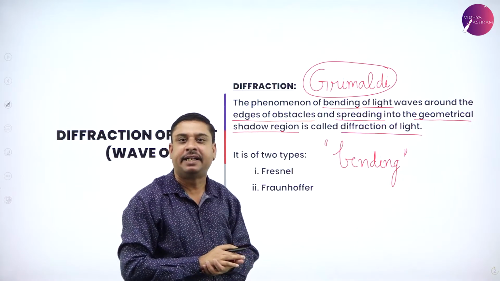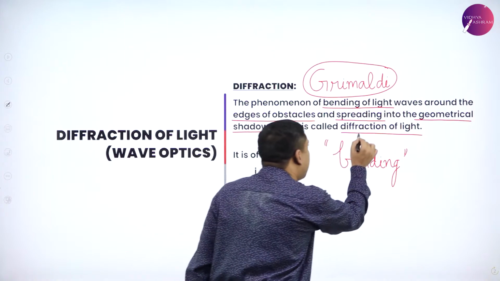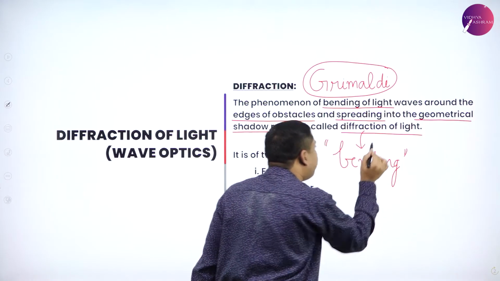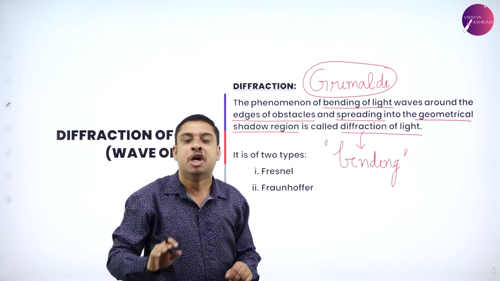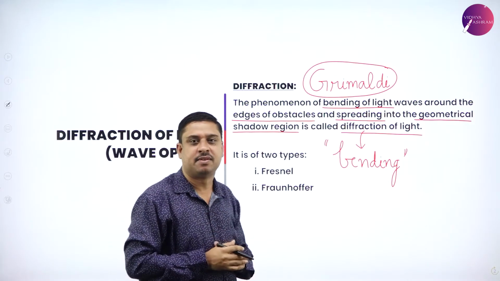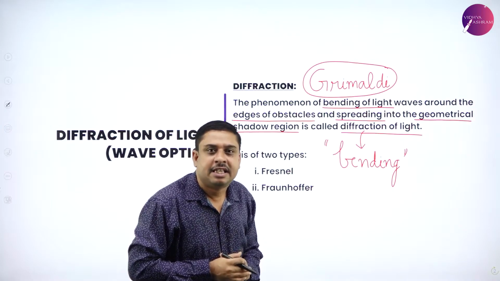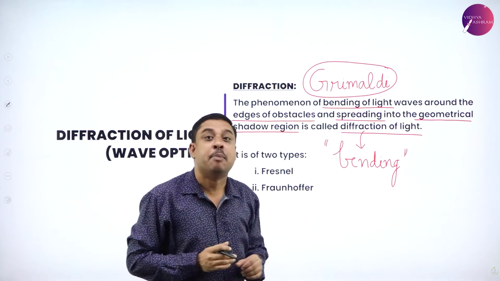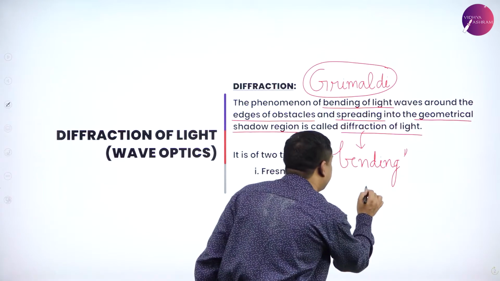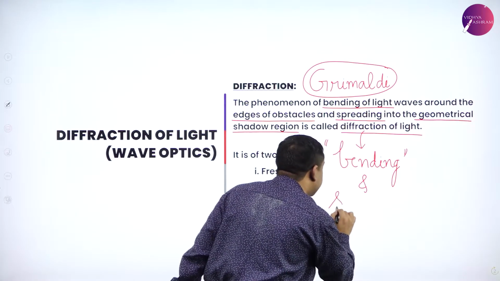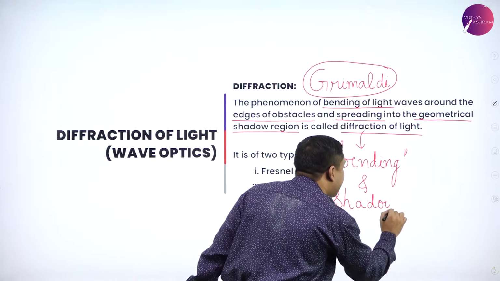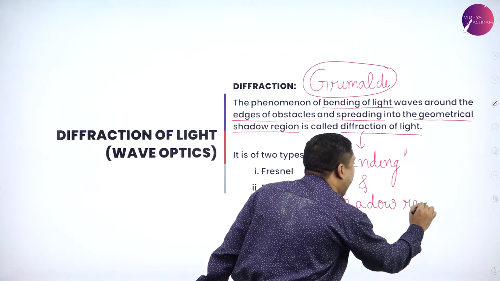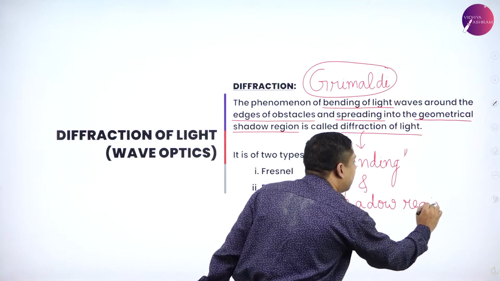of light. So, the very word diffraction can be explained using two terms. The first term is bending of light and spreading into the geometrical shadow region.